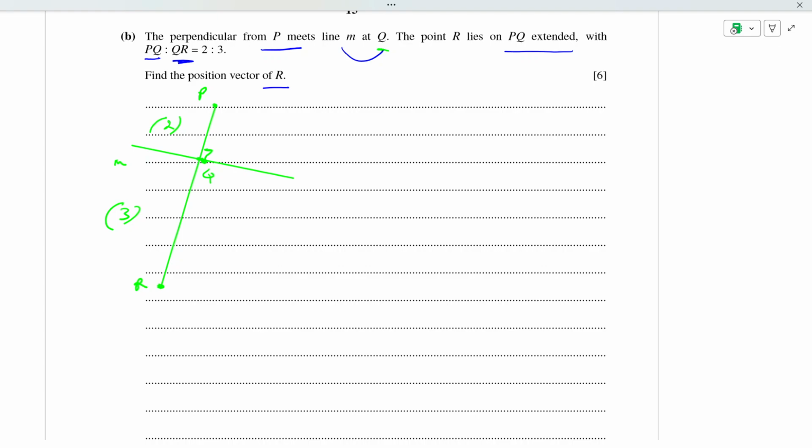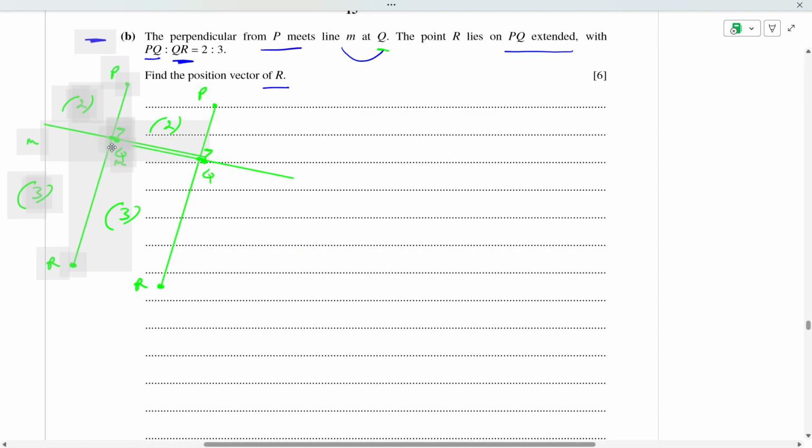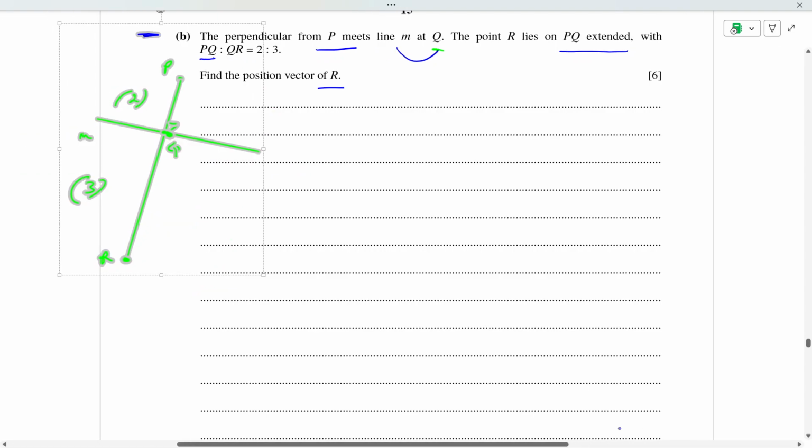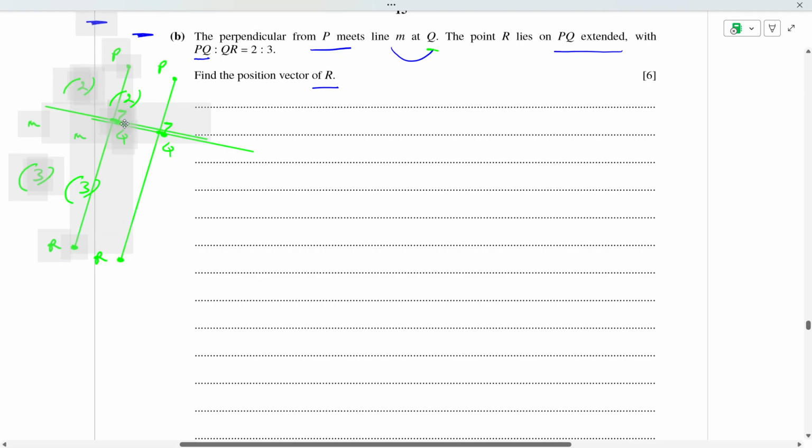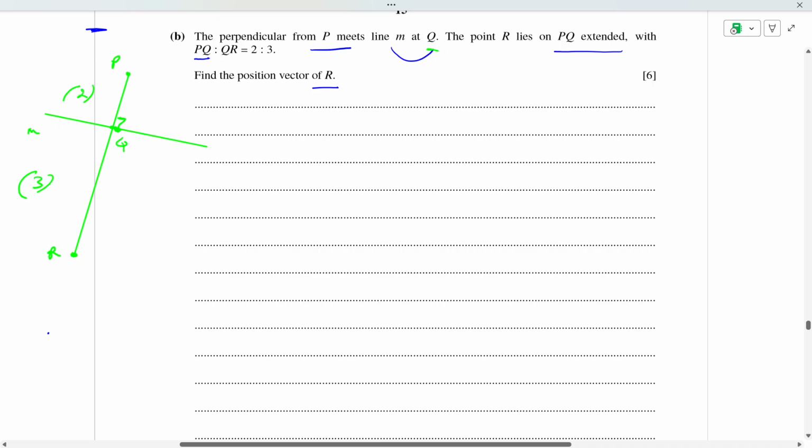When we have those, we can use the formula of the line which connects P, Q, and R to find the position vector of R. If that doesn't make sense, it will make sense as I work out the question. But what I want to do first is move this to the side so that I have my working space back.